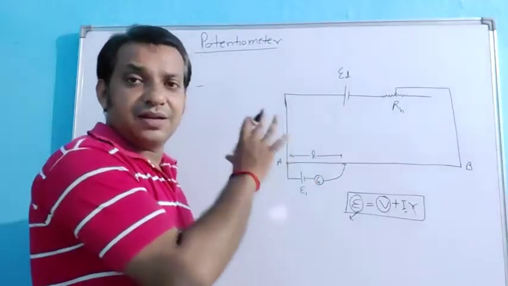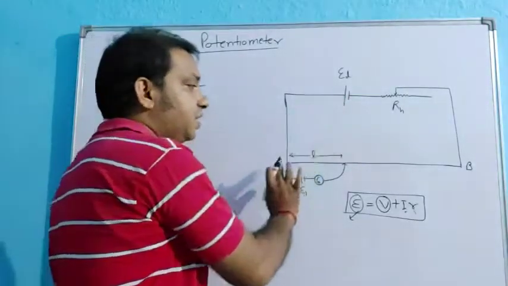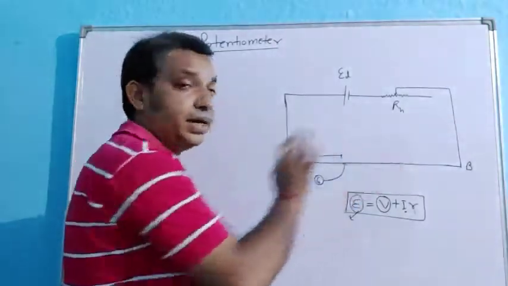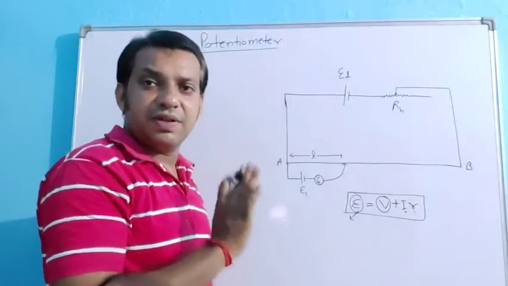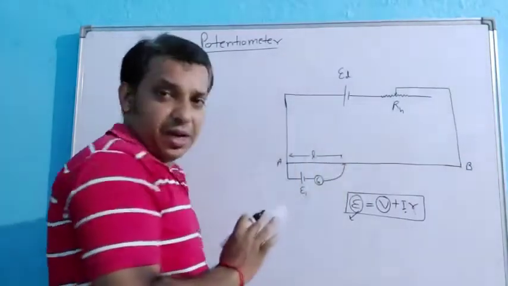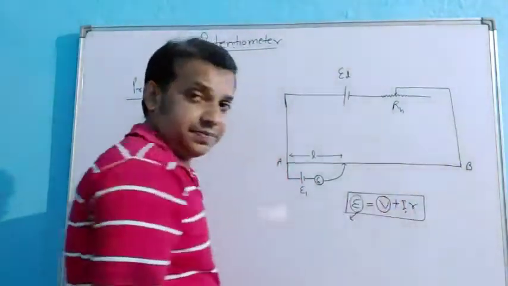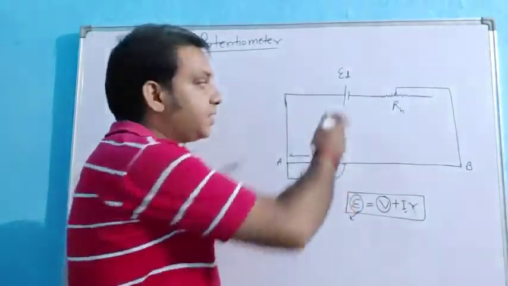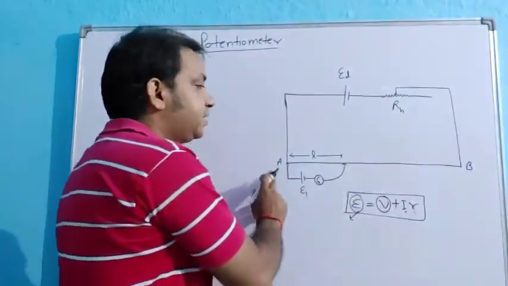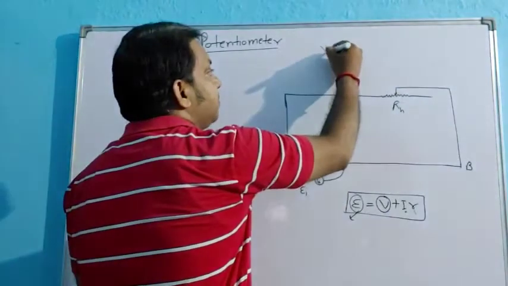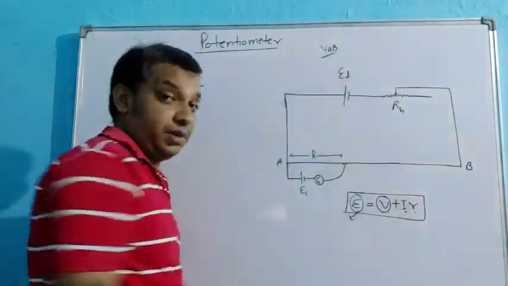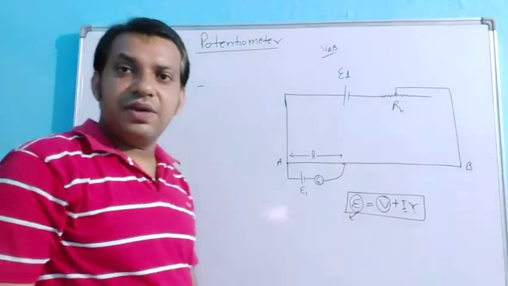Because of that resistance, a potential difference is built up across this AB wire. One resistance is this one and one resistance is the AB wire, so two resistances are connected in series. That is why there is a potential difference across the AB wire. Let us say it is VAB.